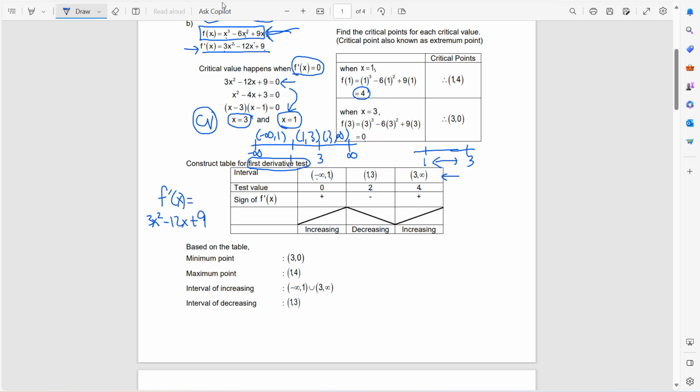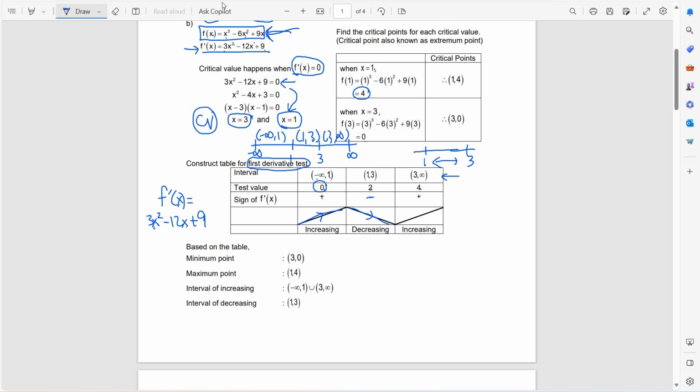Then we substitute the values that we chose as test values. 0, you substitute here, you get positive. And then you substitute 2 here, and then you get negative. And then for 4, you substitute here, you get positive. The positive represents the increasing function, while the negative represents the decreasing function. Based on this table, we can draw the conclusions.